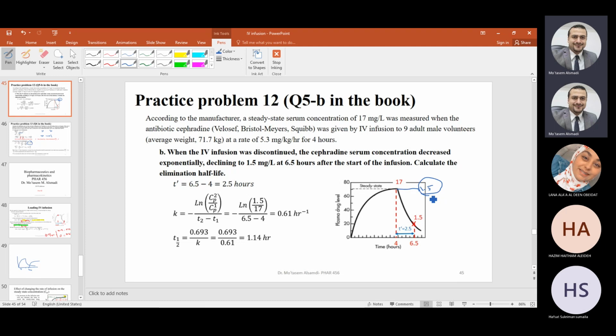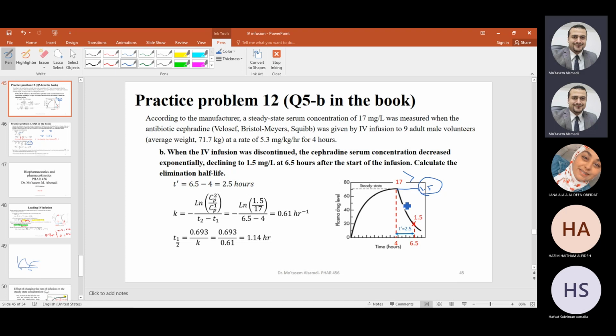So it doesn't make sense. No, if I infuse more, the concentration here cannot be 1.5, it needs to be larger than 17, right? If you infuse for a longer period of time after this state, the concentration will be higher, right?